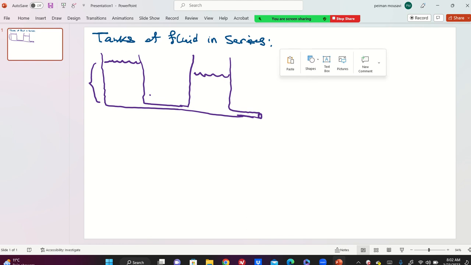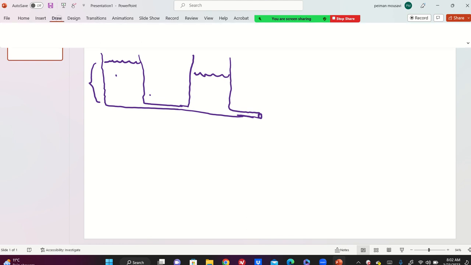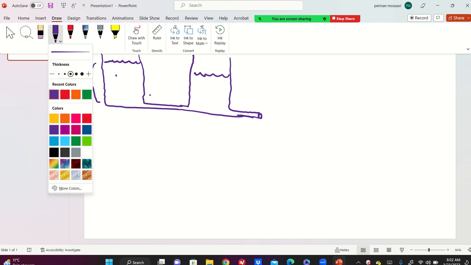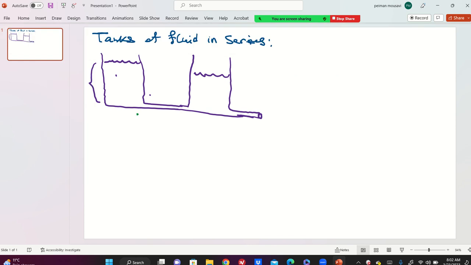Here is H1, here is H2. This expansion is going to act as a resistor here, absolute contraction.